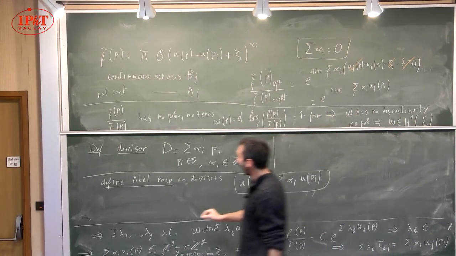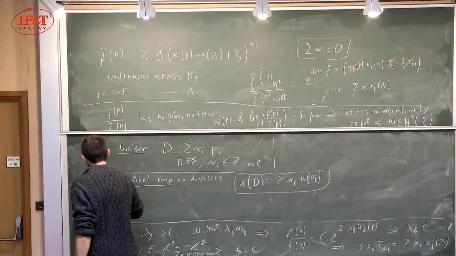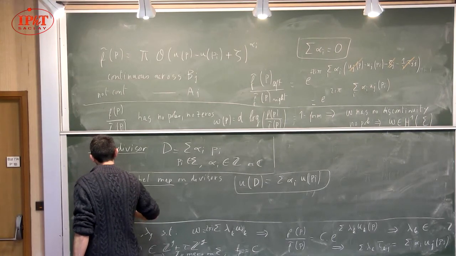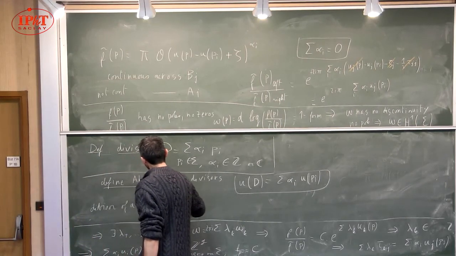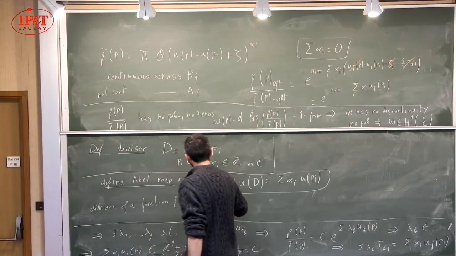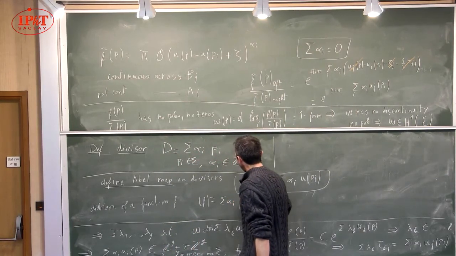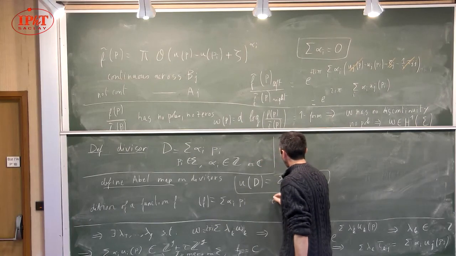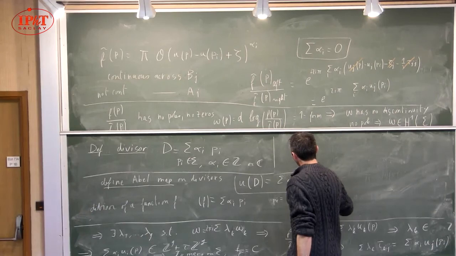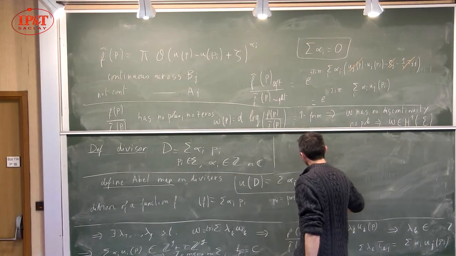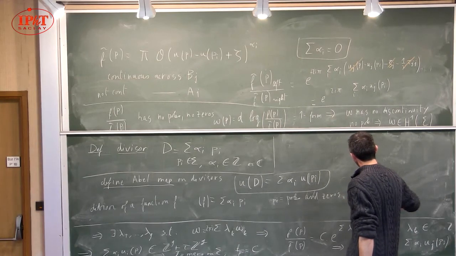We shall also say that the divisor of a function f, which we shall note (f), is the sum of alpha i p_i, where p_i are the poles and zeros with order alpha i.